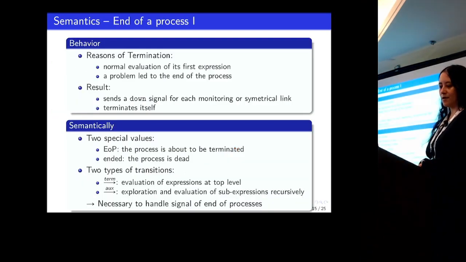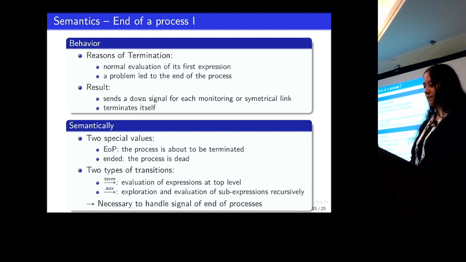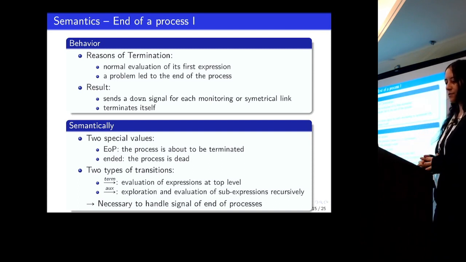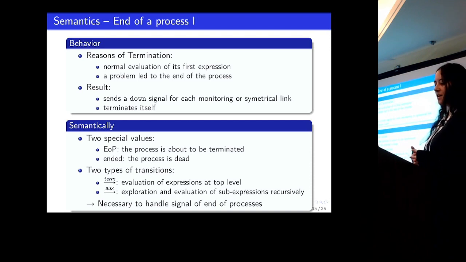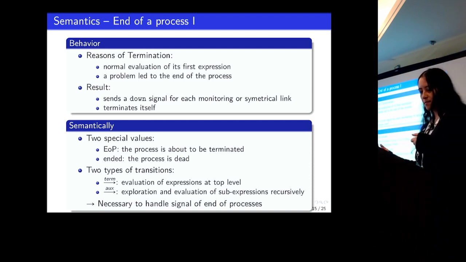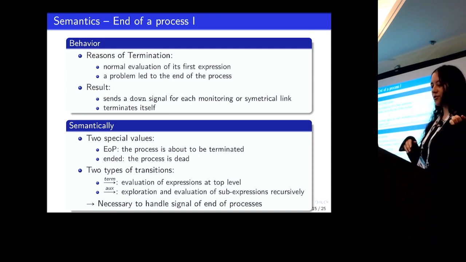So now that we have the example, let's talk about the semantics itself. Let's start with the end of the process. This behavior in our model has two cases. Either the process has finished the evaluation of its first expression normally, or there was a problem which led to the end of the process.